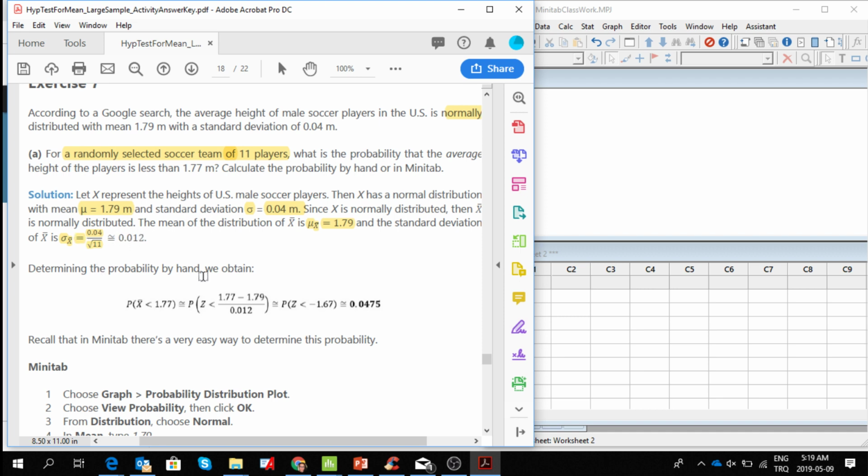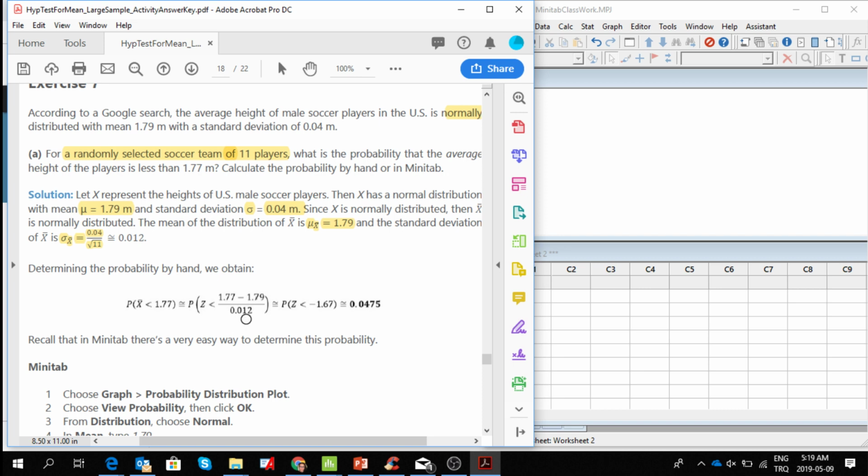So we want to determine the probability by hand first. We are interested in the probability of X bar being less than 1.77. This is equivalent to a probability of Z, so we have to normalize this. X bar is normal but not standard normal, but we have to convert it to standard normal. Therefore we have to subtract this 1.79 and divide by the sigma of X bar.